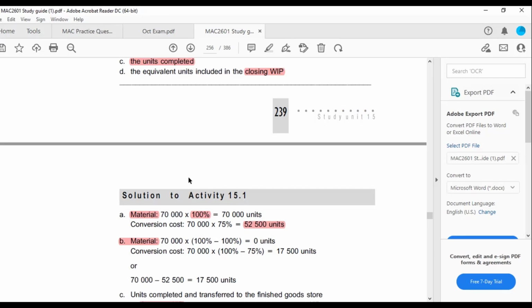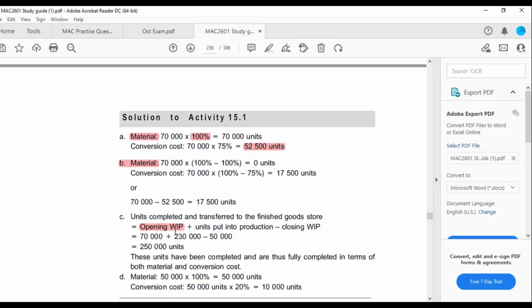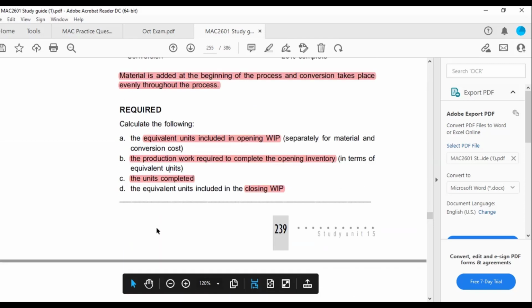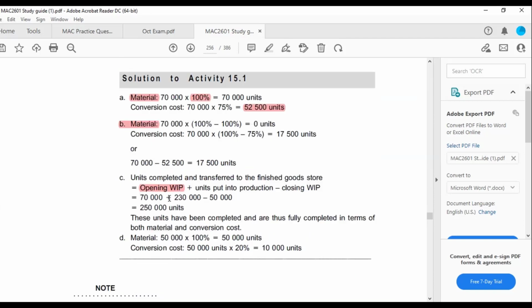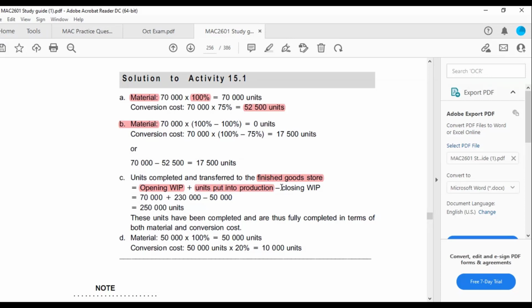Then they asked you about the work that still needed to be done. Sorry, the production, where am I? Units completed. For that one, units completed and transferred to the finished goods store: it's your opening WIP plus the units put into production minus the closing WIP.